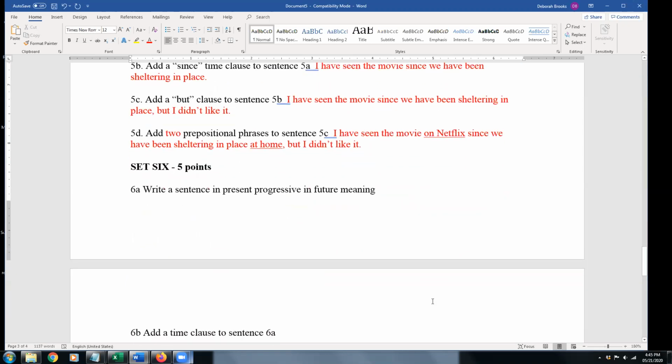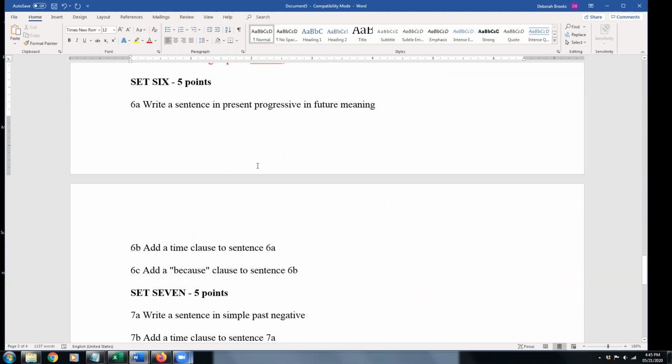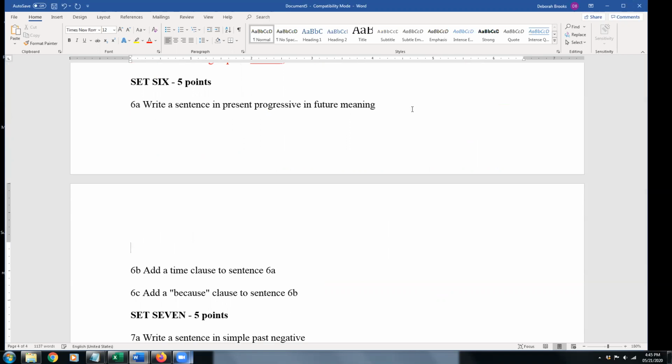Okay. Step 6. Write a sentence in present progressive and future meaning. The form is present progressive, the meaning is future. We are driving to Napa tomorrow. Not true, we're just staying home, but we're driving to Napa tomorrow.